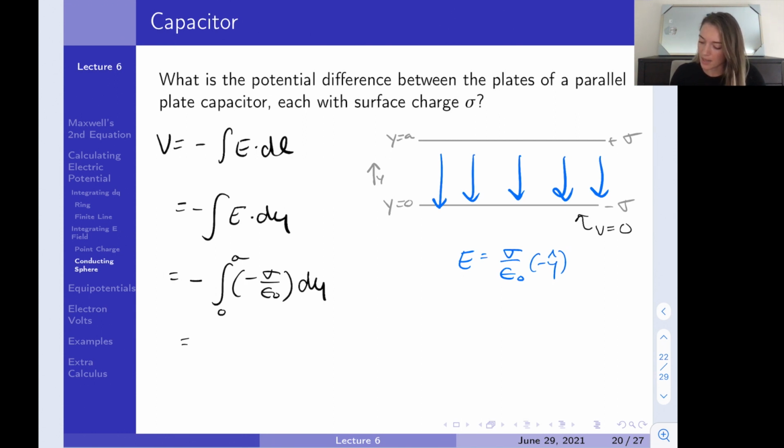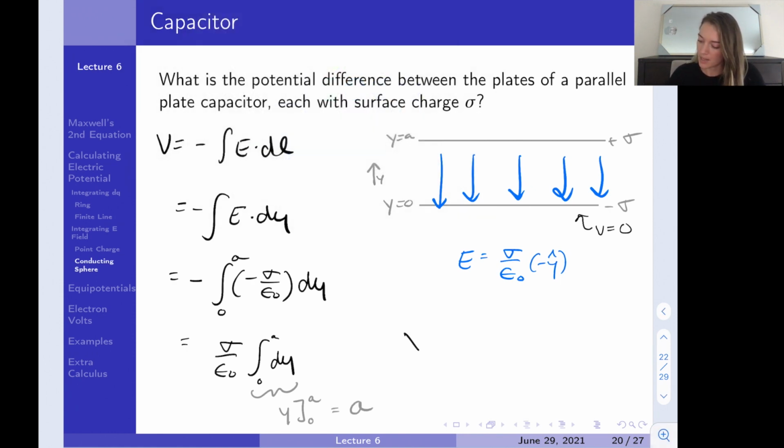So I see that my two negative signs cancel out, so I'm left with sigma over epsilon. Those are constants. I have just the integral from 0 to a of dy, and the integral of just dy from 0 to a is just y from 0 to a, which is just a.